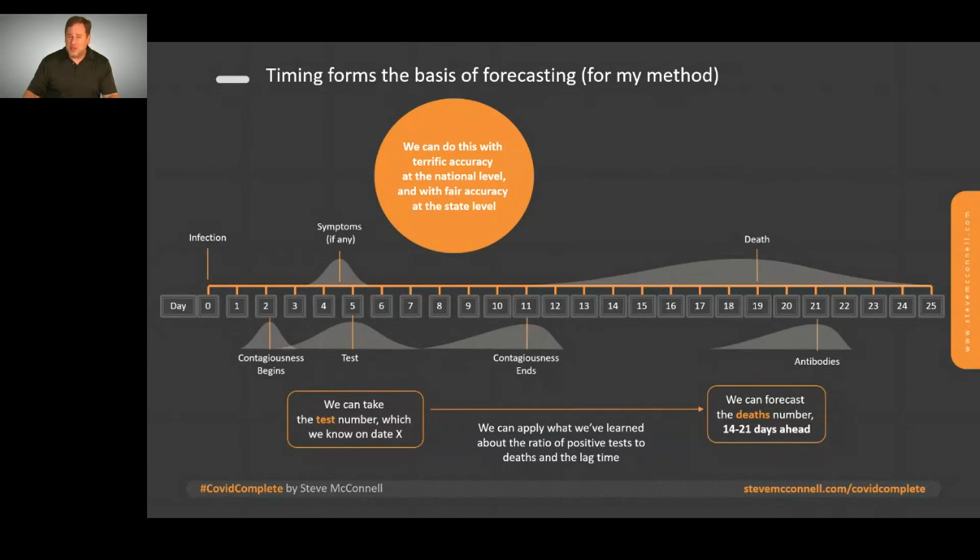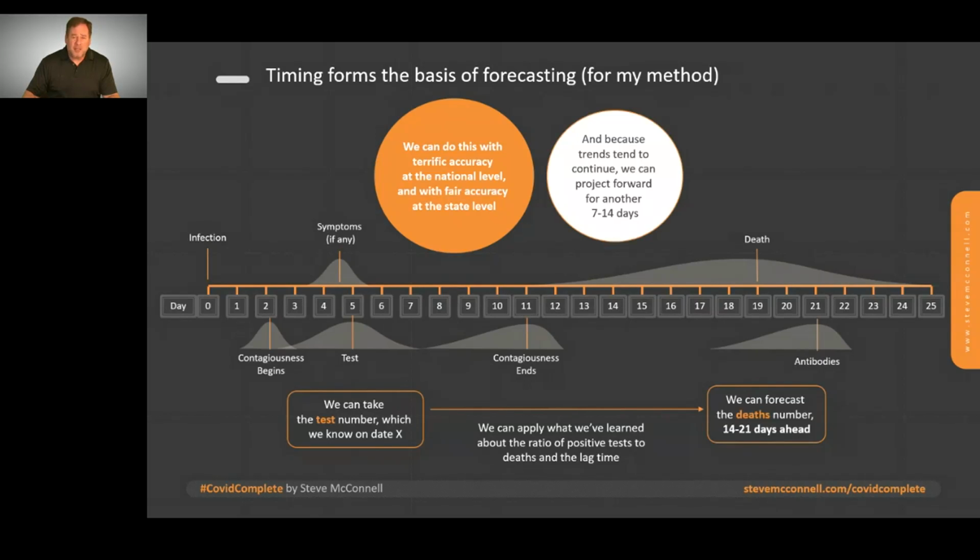At the national level, we can do this with terrific accuracy. The good models are averaging about 10% error at the national level in the death forecasts on the 1 to 4 week horizon. At the state level, we can do it with pretty good accuracy, but it's definitely more variable, and that's largely due to the fact that reporting at the state level just varies a great deal from state to state.